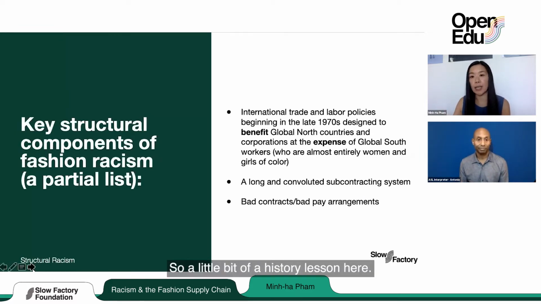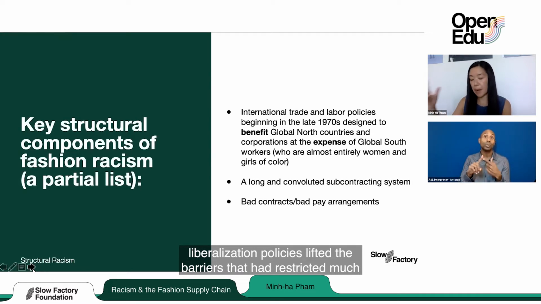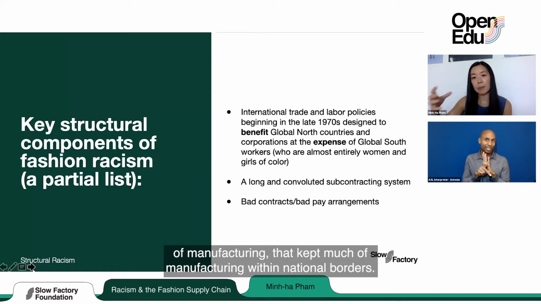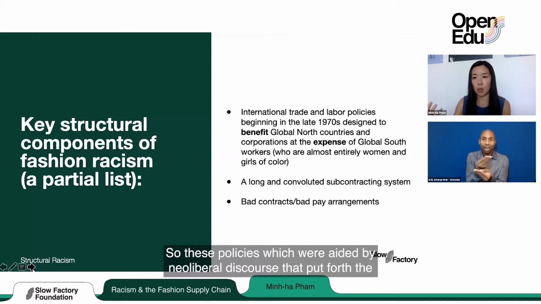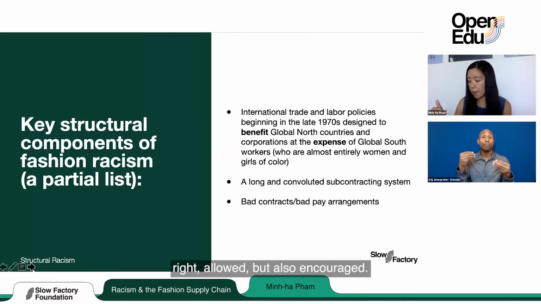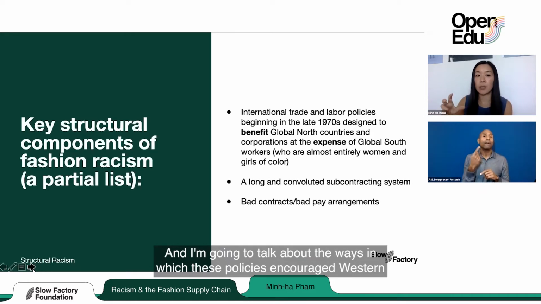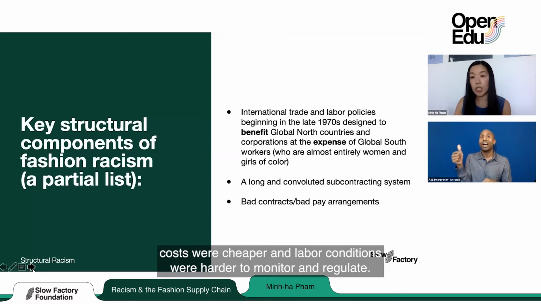Okay, so a little bit of a history lesson here. In the late 1970s and then accelerating in the 1980s and 1990s, trade liberalization policies lifted the barriers that had kept much of manufacturing within national borders. These policies, which were aided by neoliberal discourses that put forth the idea that free market capitalism was a necessary condition of free societies, allowed, but also encouraged, and I'm going to talk about the ways in which these policies encouraged, Western brands to move their production offshore to poorer countries where labor costs were cheaper and labor conditions were harder to monitor and regulate.